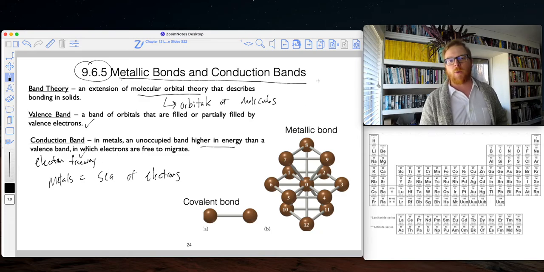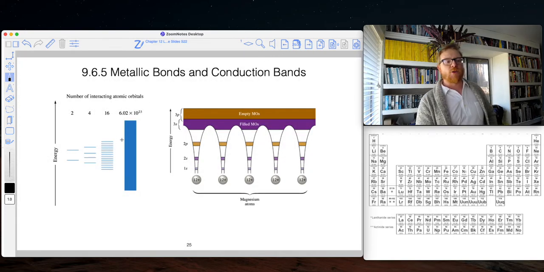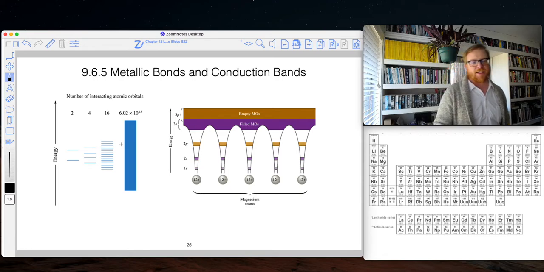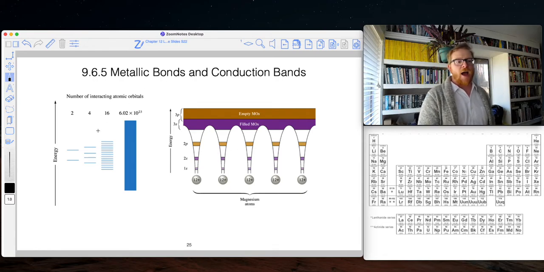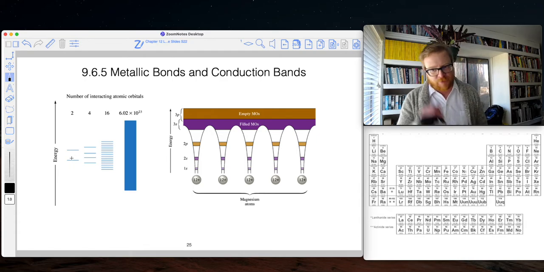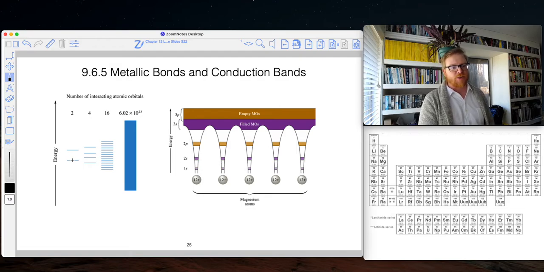The electron freeway. Okay, so if we kind of expand on this idea here and think about what our interacting atomic orbitals would look like, if we have just simply two orbitals, two singular orbitals, they're going to be well separated in energy. Okay, doesn't matter how much energy they're separated by. We can say that they are quantized. It's going to take a certain amount of energy to get from one to the other.